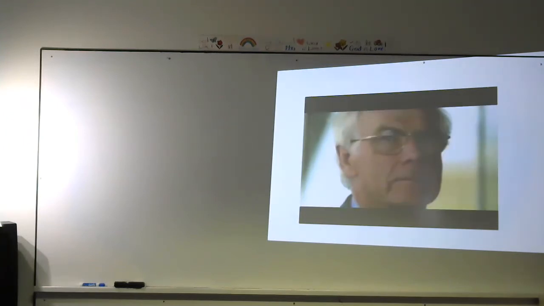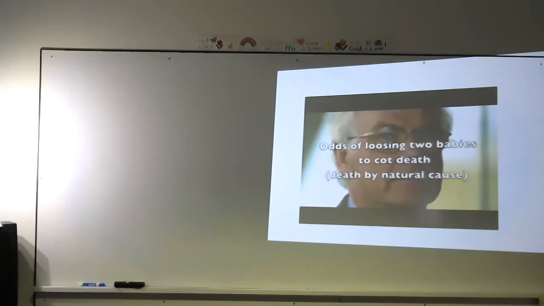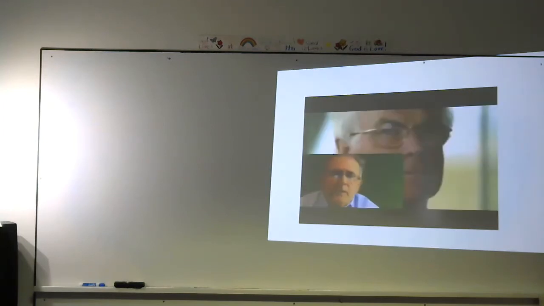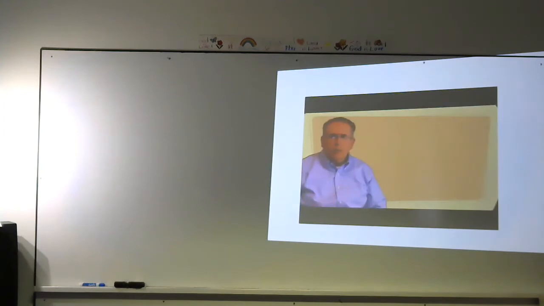Sir Roy Meadows, expert witness for the prosecution and a pediatric expert, testified that the odds of one family losing 2 babies to cot death, or in other words, unexplained baby death, was 1 in 73 million. Let's see how Mr. Meadows came up with this figure. The odds of cot death in England, according to an actual statistic, is actually 1 in 1,300.